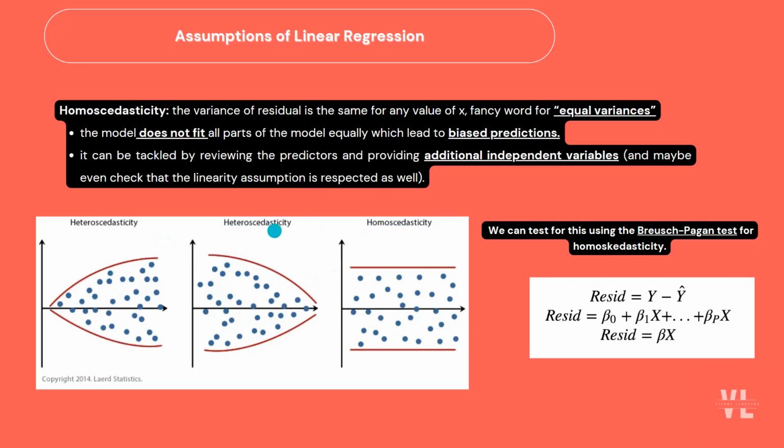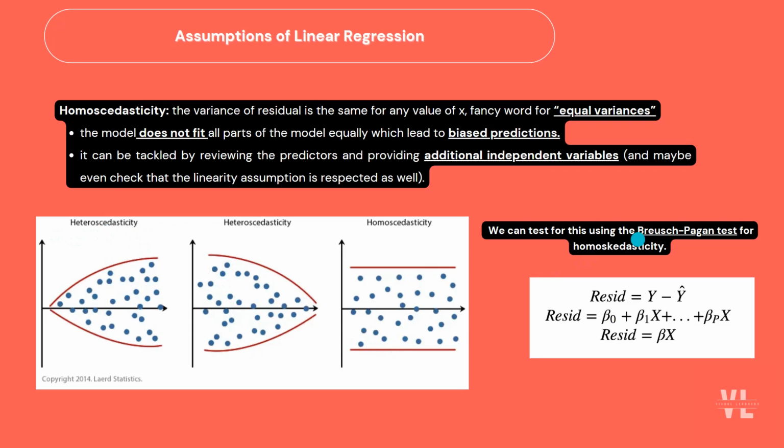It's a mouthful, so it's very hard to pronounce. If there is equal variance between each data point, then we call the concept homoscedasticity. If the variance between each data point is different from one another, then we call it heteroscedasticity.